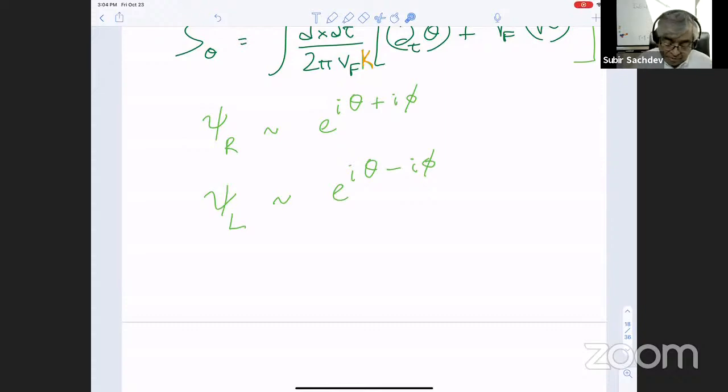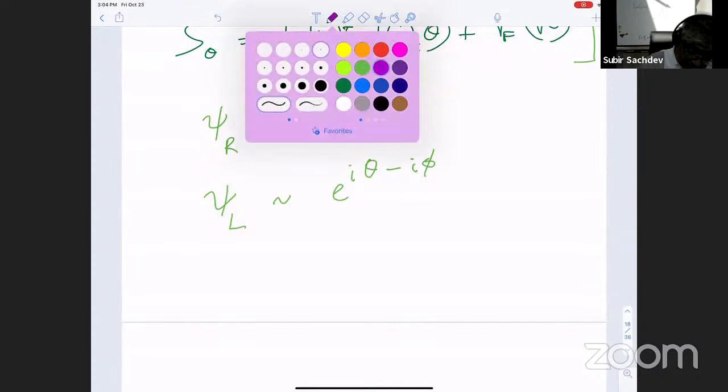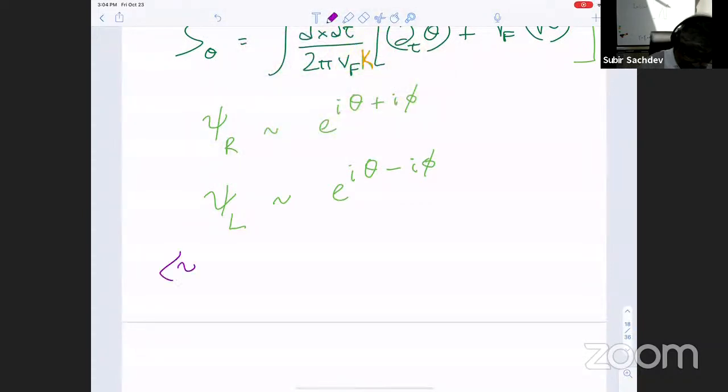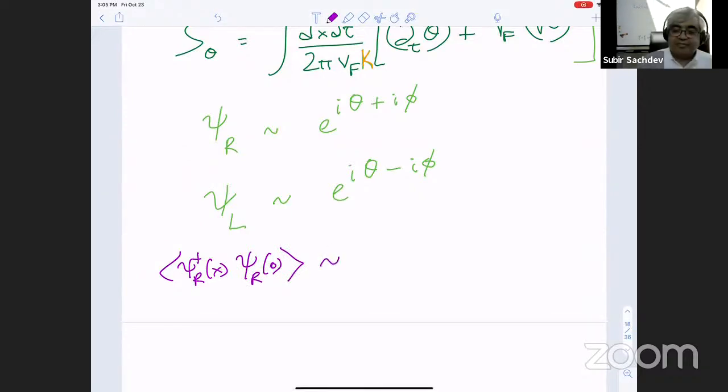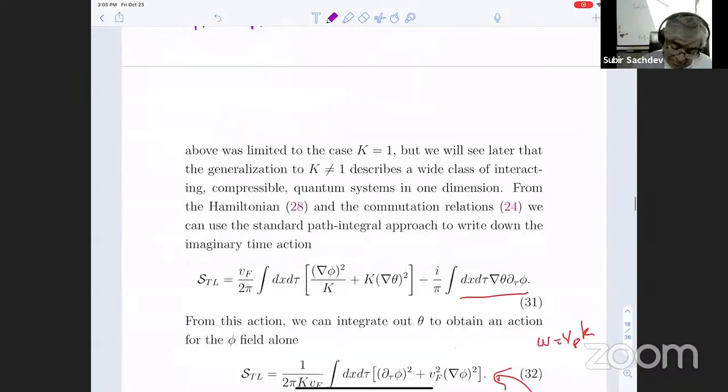And among the things you can compute by just simple Gaussian integrals is, for example, the distribution function of the fermion. So you can get a relationship like psi dagger R of x at equal time times psi R of 0 at long distances. This has a behavior which I'll have to look up. I'm sorry.